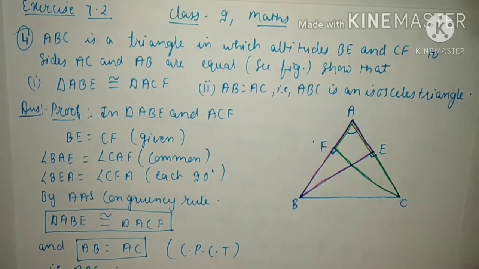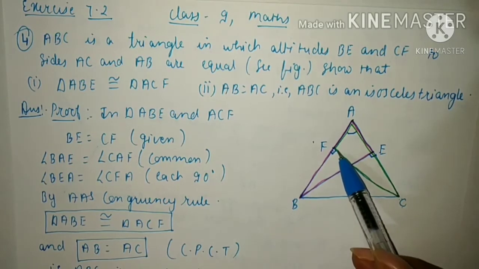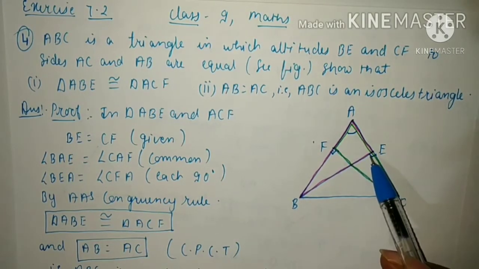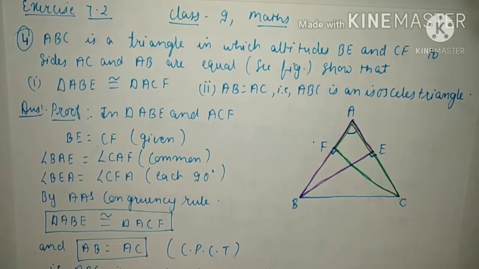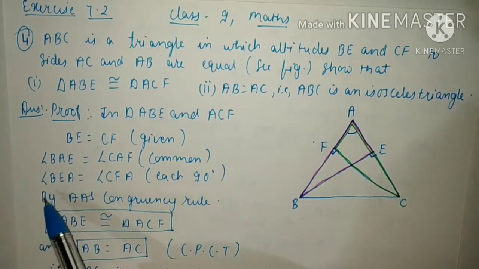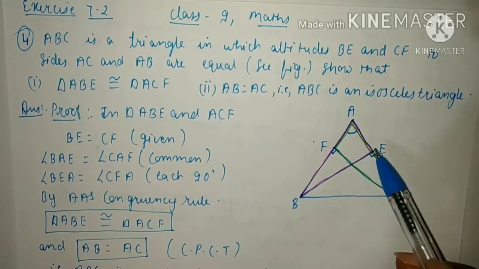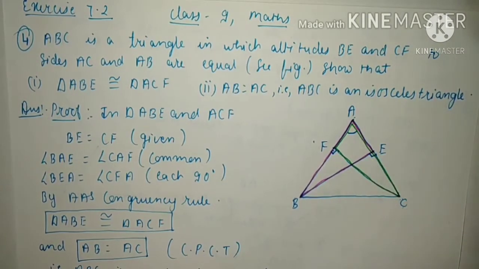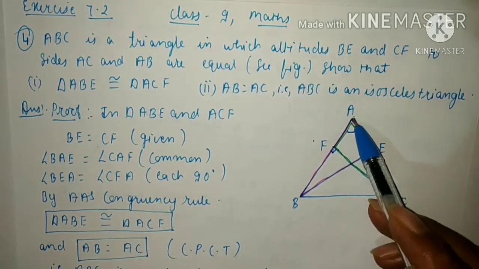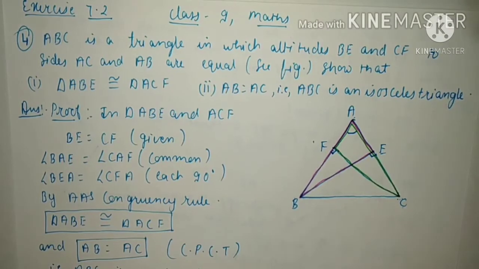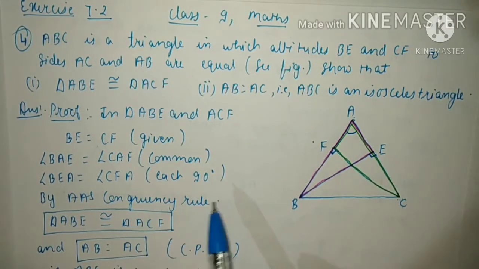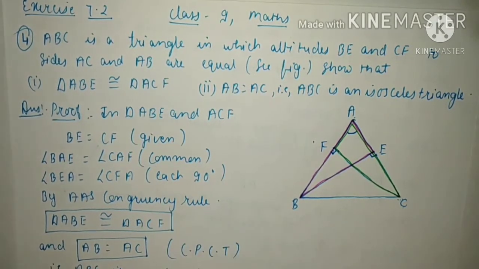And one more thing, since this is an altitude, this will make a 90-degree angle, so we can write angle BEA of the pink triangle is equal to angle CFA of the green triangle, and these two angles are 90 degrees, so each is 90 degrees.